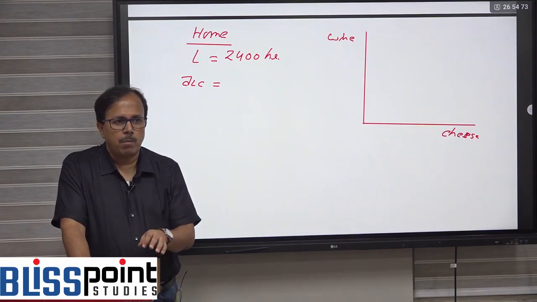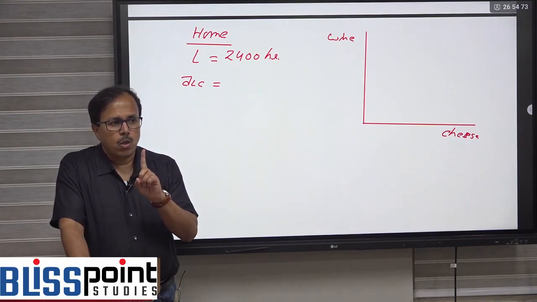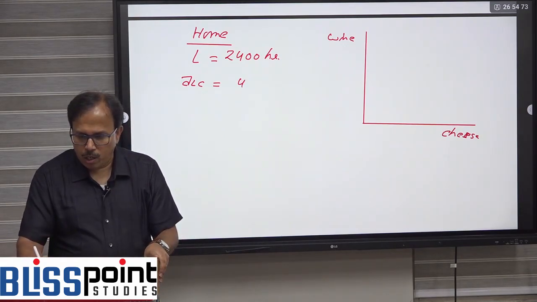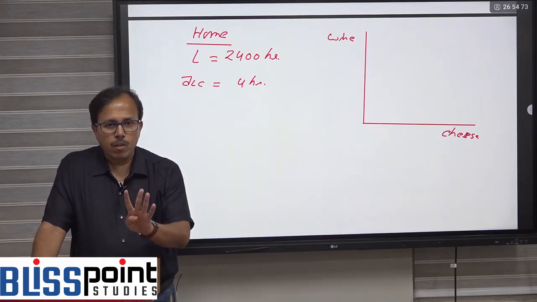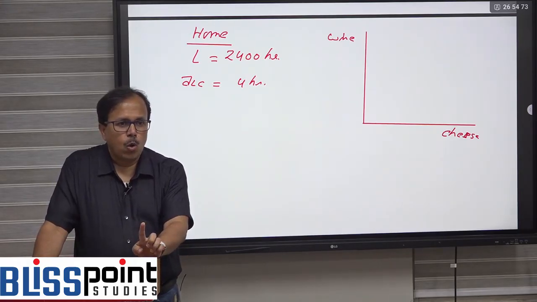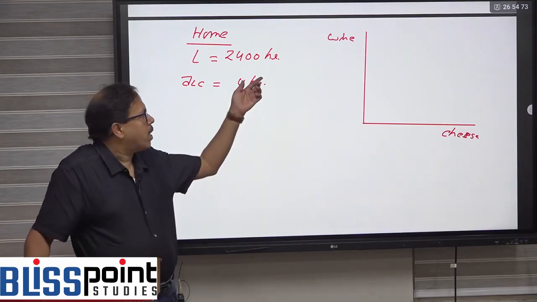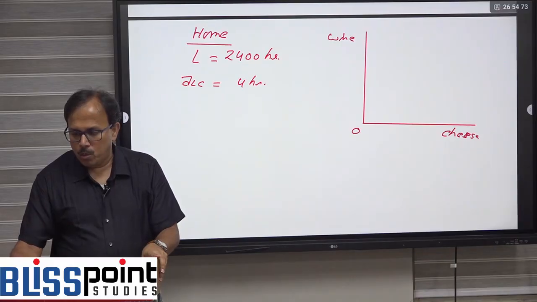Unit labor requirement means how many units of labor are required to produce 1 unit of cheese. So if I say that this is 4 hours, it means it will take 4 hours to produce 1 unit of cheese in the home country. So in the 2400 hours you can produce maximum 600 units of cheese.